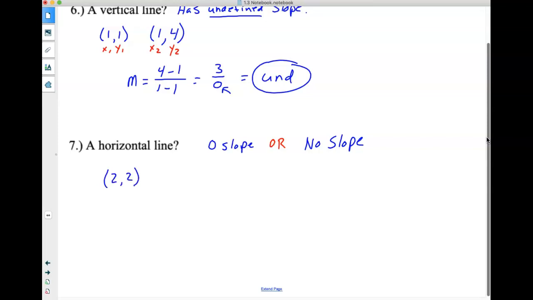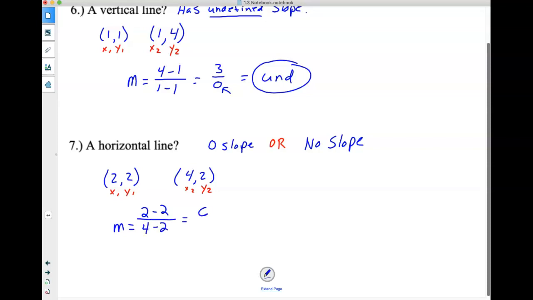So a horizontal line, notice my y value is never going to change, so I could pick another point and I could say maybe 4, 2. And then if I came back, because you could plot these 2 points and connect them, it'll be a horizontal line. You could say x1, y1, x2, y2, and there's an infinite number of examples we could do for these. But in this case, m would equal y2 minus y1 over x2 minus x1.